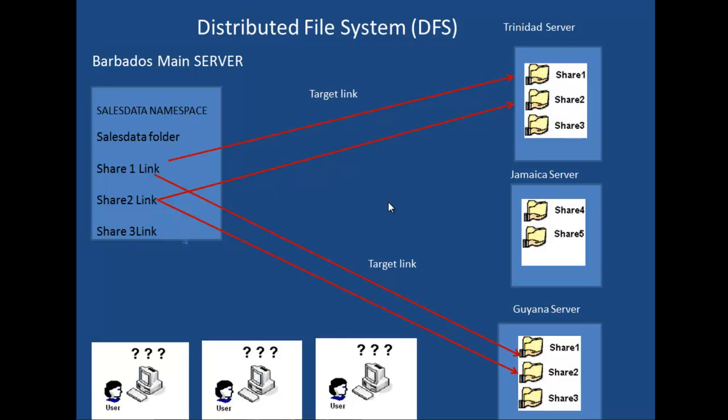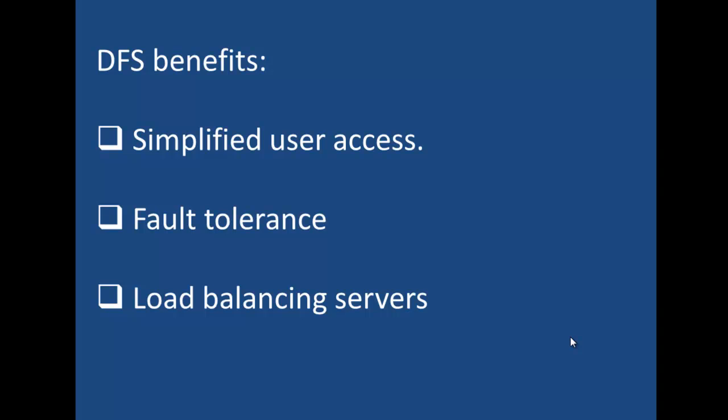So distributed file system gives us the means for making it easy for the user to access the shares if we have an enterprise where we have several servers and several shares. Let's take a look at some of the benefits of distributed file system.